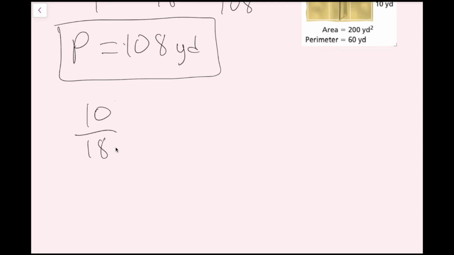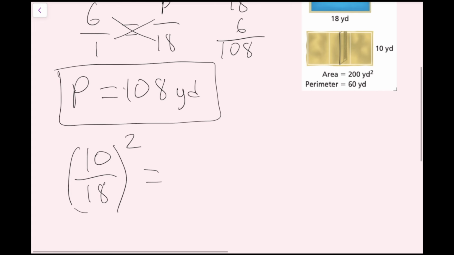And remember, I have to square this to set it equal to the area of the tennis court and the area of the pool. Well, the area of the tennis court is 200 yards. And then the area of the pool is what I'm looking for. So I'm just going to say A. So now I'm just going to solve this proportion.